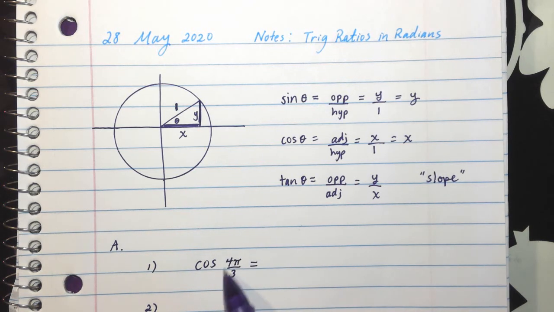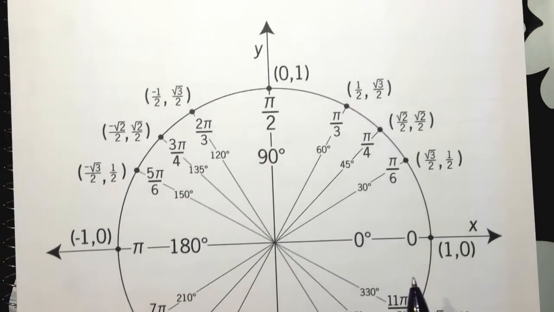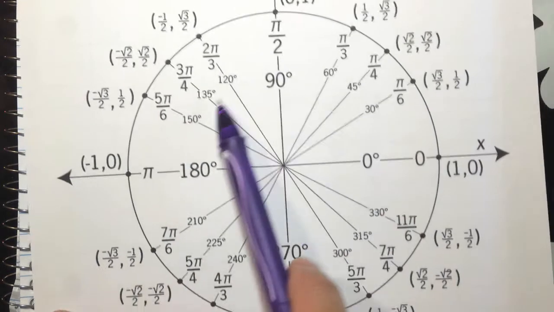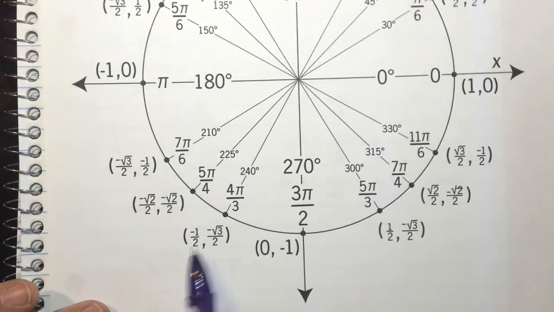Okay, so no need to convert this to degrees, because on the unit circle, let me show you. You just go to the unit circle, find 4 pi thirds. There you go. And cosine is x, sine is y.